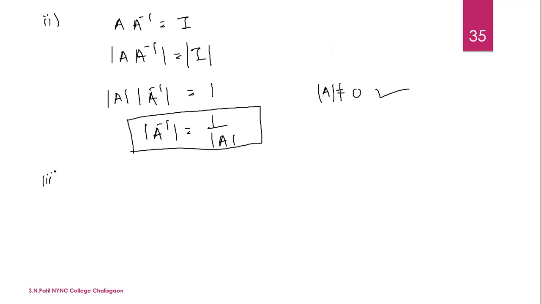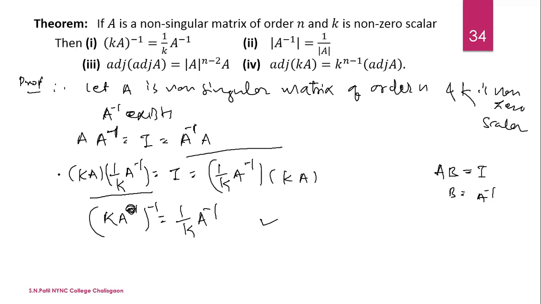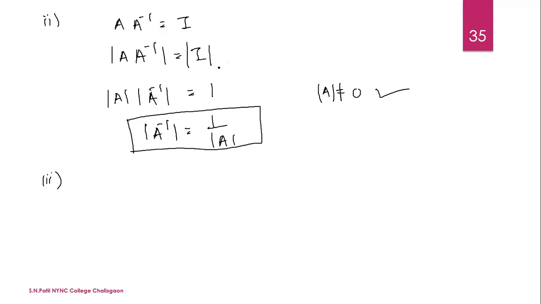Now third: adjoint of adjoint of A is equal to determinant of A raised to n minus 2 into A. Let us prove this. We know the relation A into adjoint of A is equal to determinant of A into identity matrix.